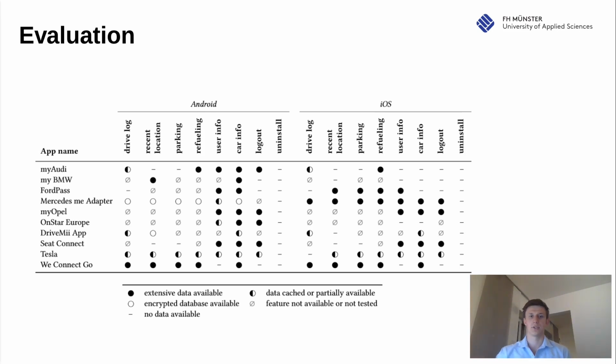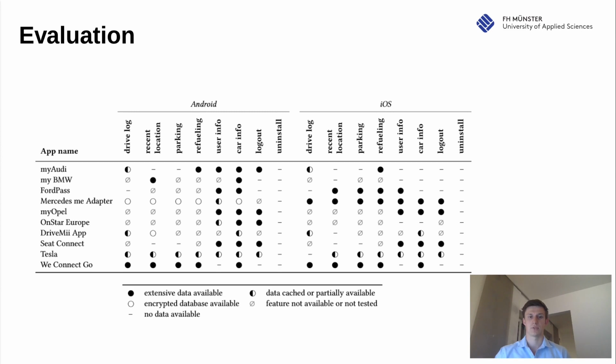Another aspect our digital forensic investigation shows is the difference between the data stored within the different operating systems. For example, the database of the Android version of the Mercedes app was encrypted, while the iOS version was not. Another example is the application My Audi.